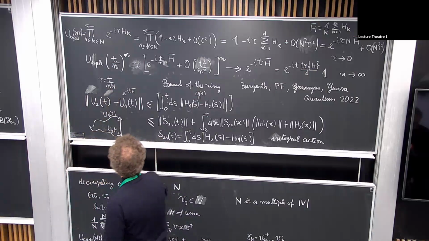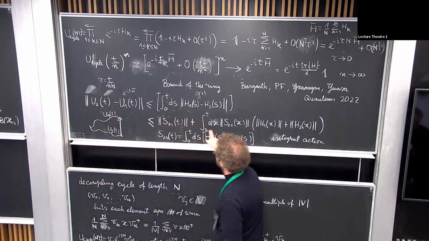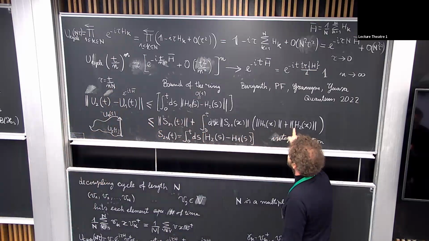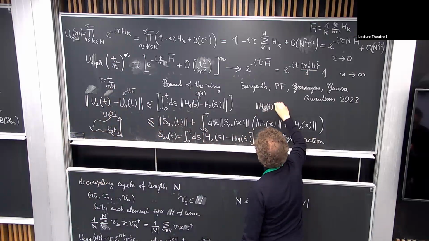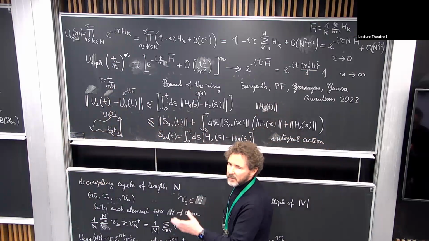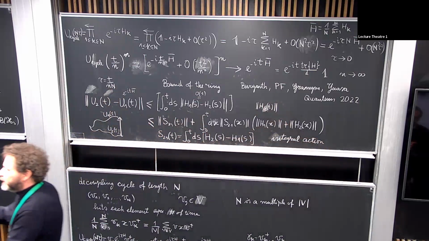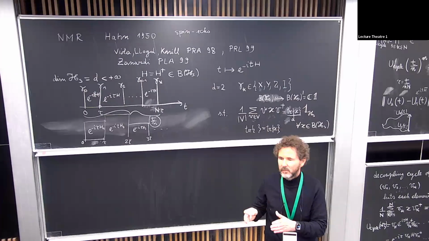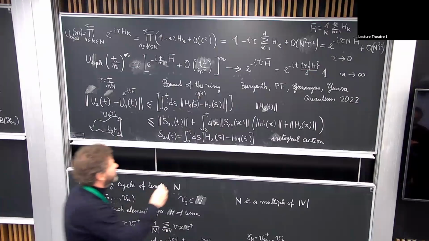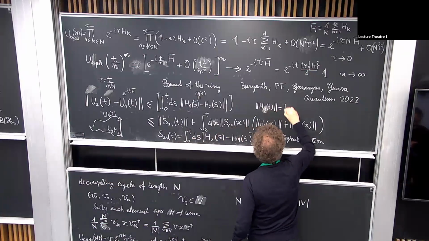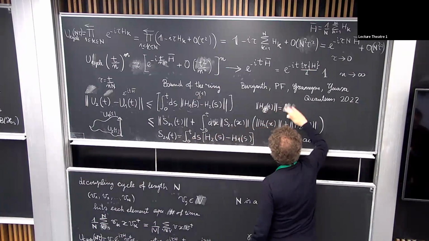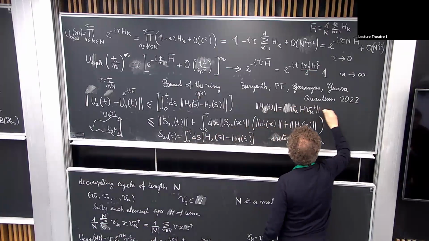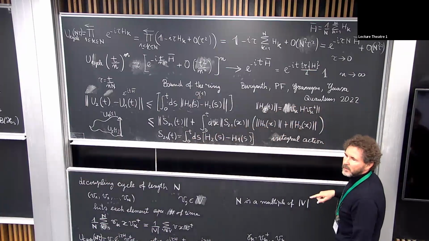Now you just input this here, and you immediately see what the norm of H1 of t is. H1 of t, depending on time, is just a certain V_k H V_k dagger for a certain k.